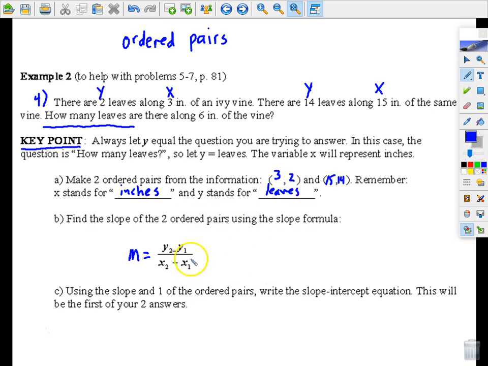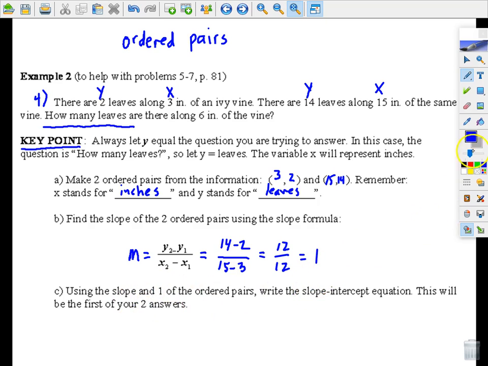This should be pretty familiar. If we know 2 points on a line, then we know how to find the slope of that line: y2 minus y1, 14 minus 2, divided by x2 minus x1, 15 minus 3. Of course, that's 12 over 12, which simplifies to 1.